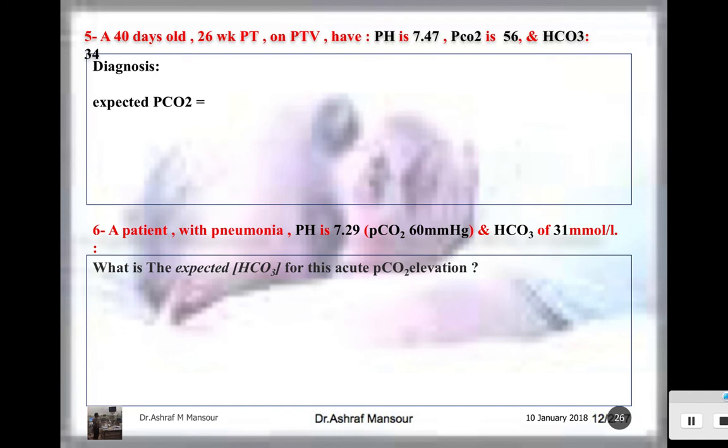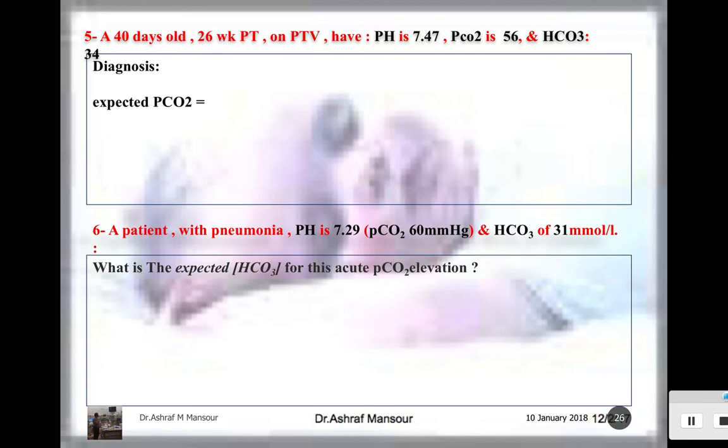No, overcompensation. The pH here is alkalotic, so it is alkalosis, and it is related to the bicarb, so it is metabolic alkalosis. So what is the effect of this CO2? Is it compensation? We will calculate. If it is the same level as the expected CO2, then it is fully compensated.